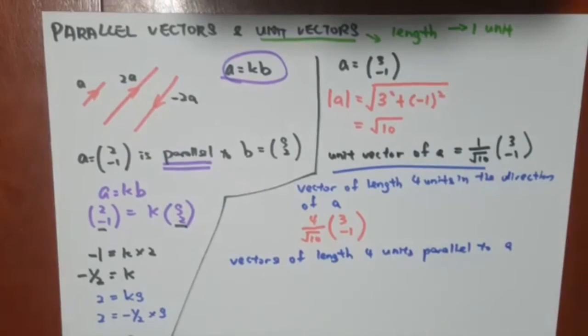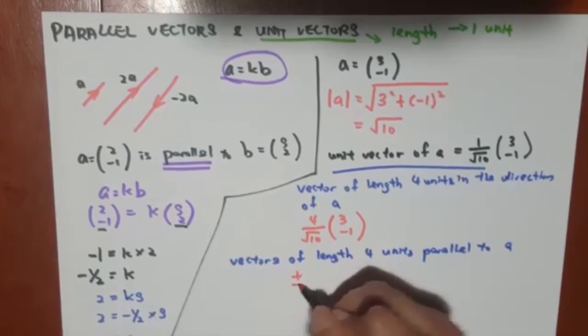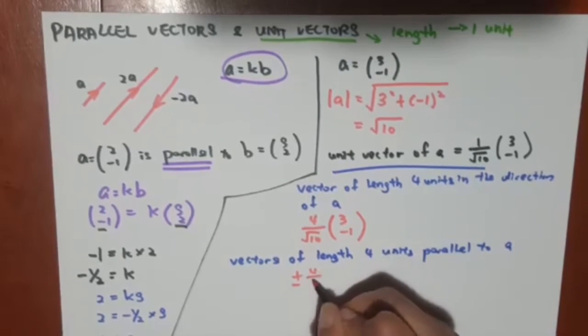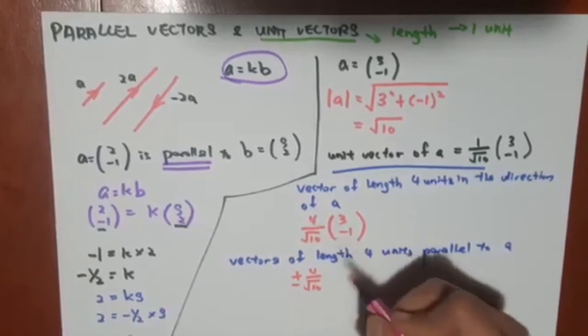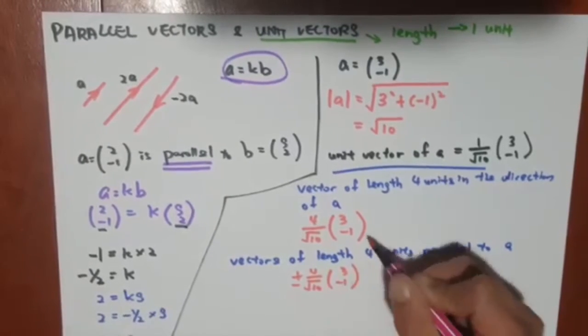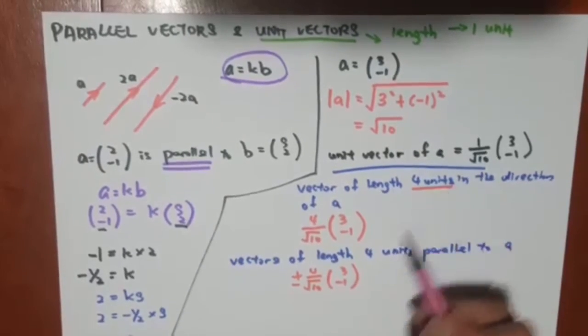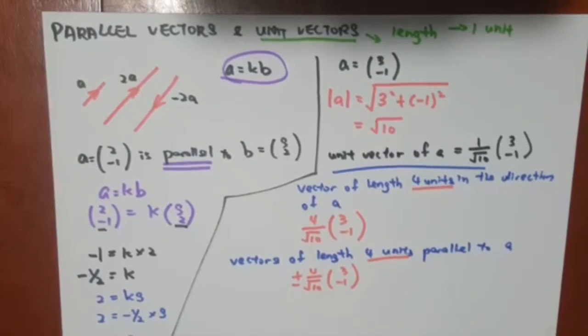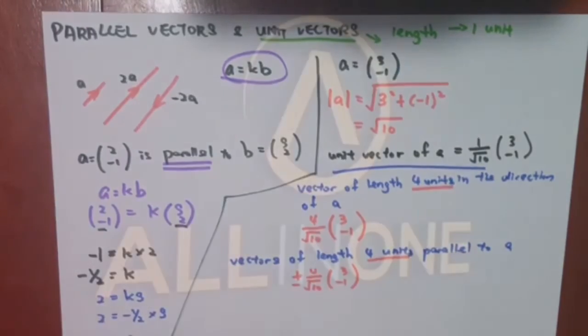So in order to solve a question like that, all we have to do is add the positive and negative in front of the answer that we found previously, because the answer we found previously is already 4 units in length. So that would be the answer.